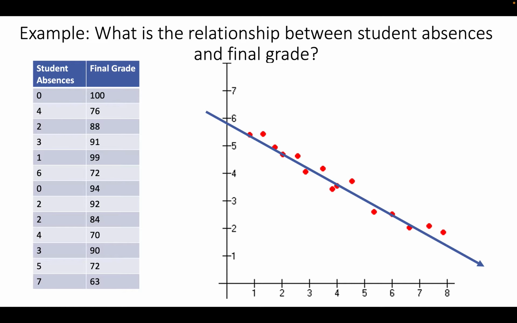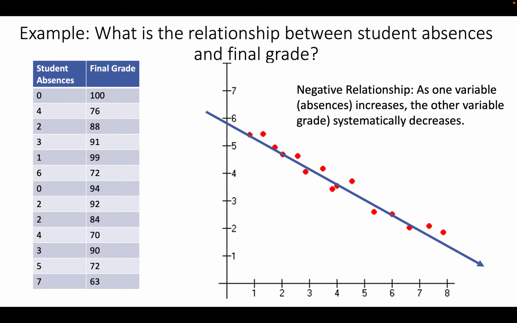So, what we see here is an increase in X, so, the more absences you have, is a decrease in Y. So, a lower score in the class. So, again, this is an example of a negative relationship. As one variable, your absences, increases, the other variable, your grade, systematically decreases.